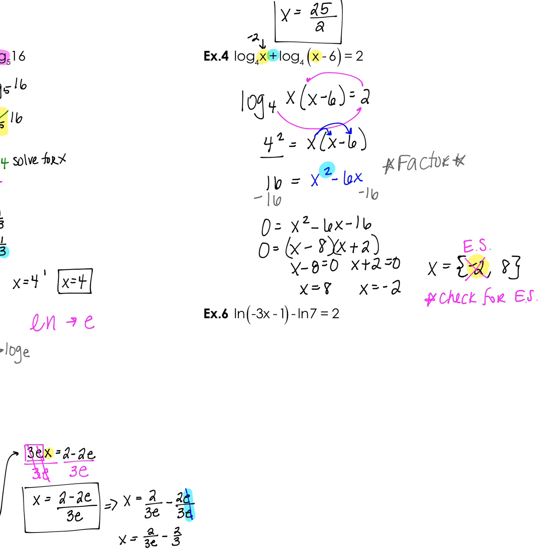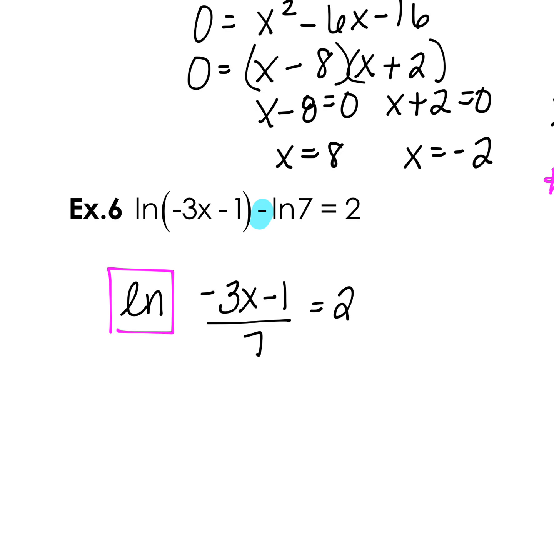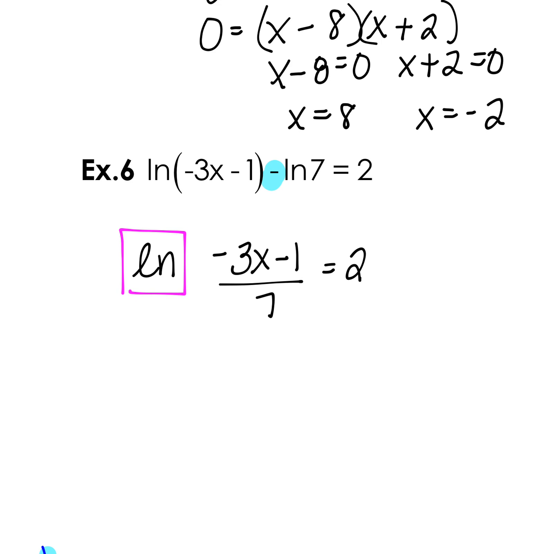Okay, let's look at this other one. Okay, again, we're subtracting here. So we need to rewrite this as ln of negative 3x minus 1 over 7 equals 2. Now remember, we're going to change that ln. We want to rewrite that as log base e.